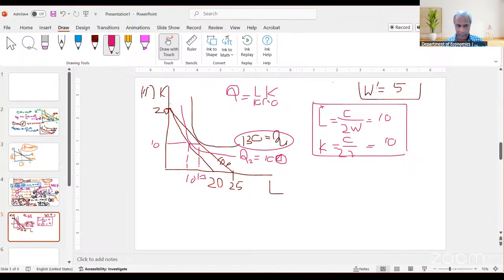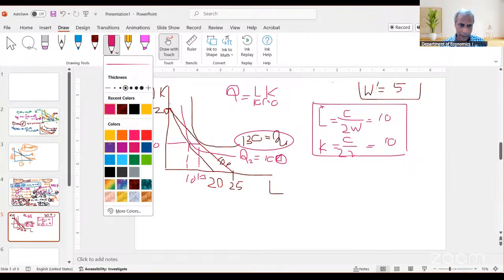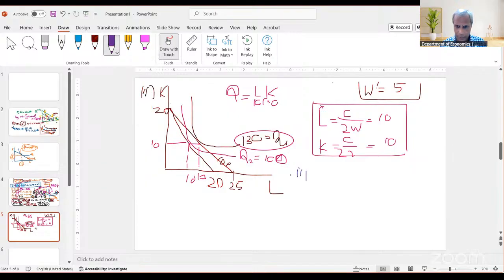Now, my question, the next third question in that way, in the exam, I will ask you to produce the initial amount of 130 output, that is the original output.